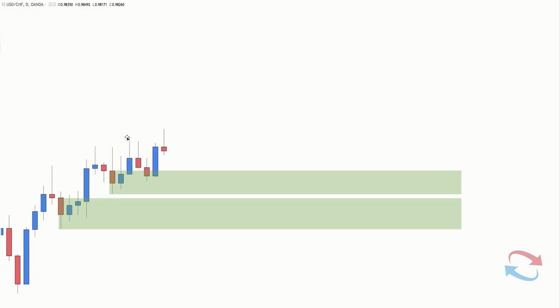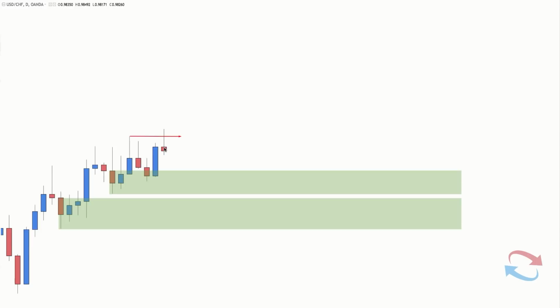Now we get a situation I previously spoke about when it comes to drawing demand zones, where a new high is being made, but it's not a bullish candle, it actually closed bearish.